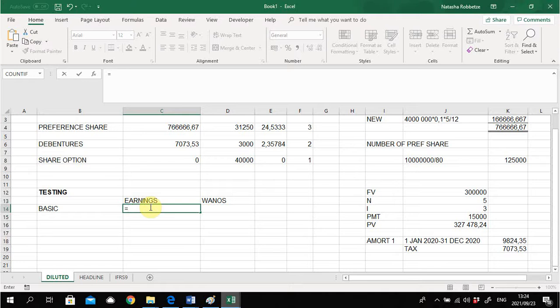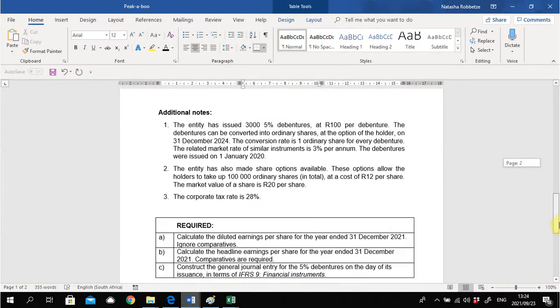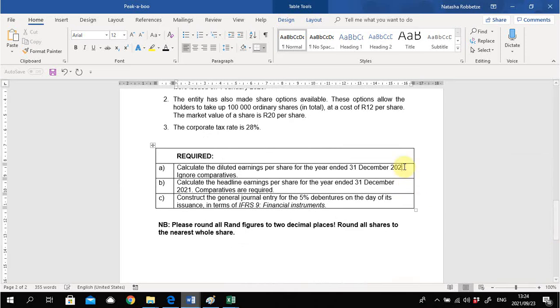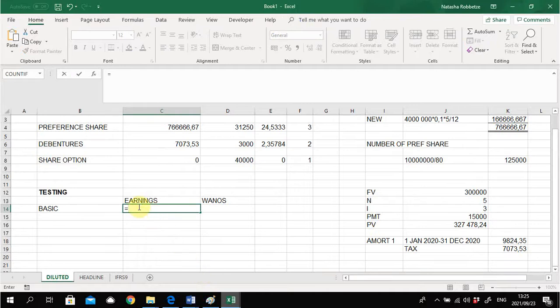And I only noticed now that there's an error in the required portion. It should say December 2020. Right, going back, now we need to calculate the basic earnings. So the profit after tax was given for 2020, 1,980,000.